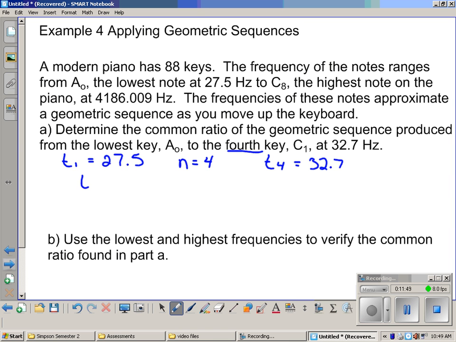So my general form is that Tn is equal to T1 times R to the n minus 1. If I use the fourth term as my Tn, I then have 32.7 equals T1, 27.5, times whatever R is, to the power of n minus 1, so 4 minus 1.